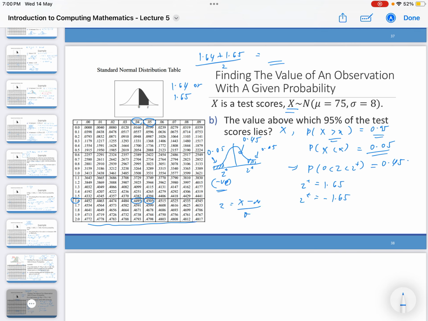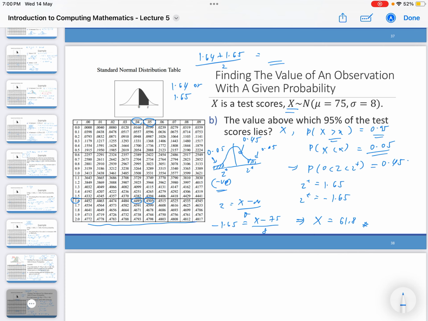So negative 1.65 equals X minus 75 divided by 8. This gives X equals 61.8. So that means the probability of students with score greater than 61.8 is 95%, or 0.95.